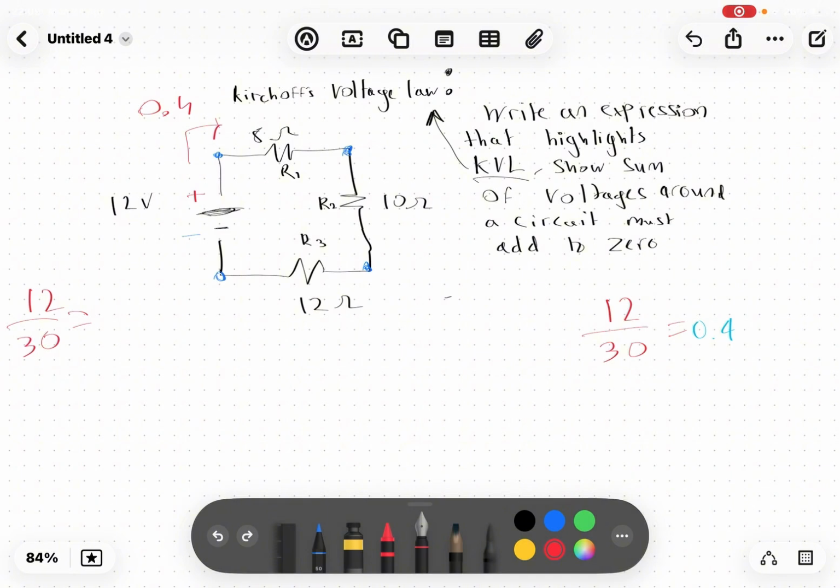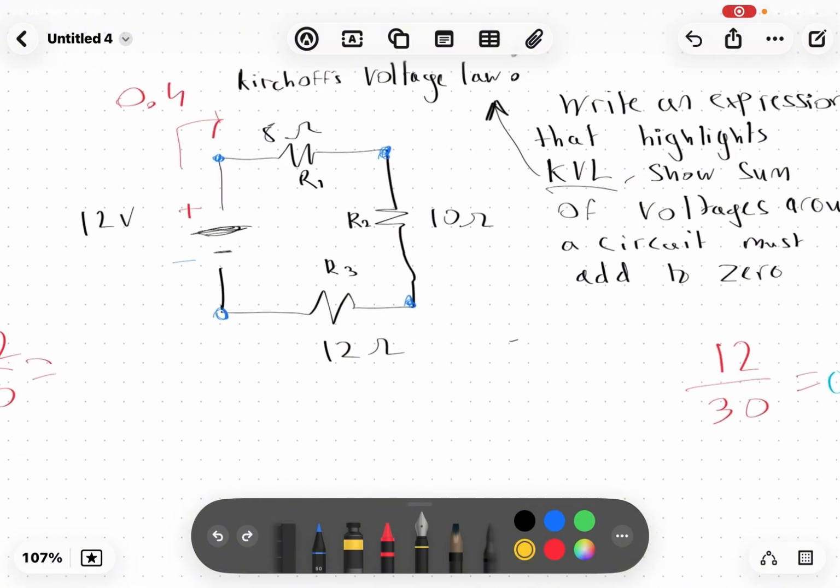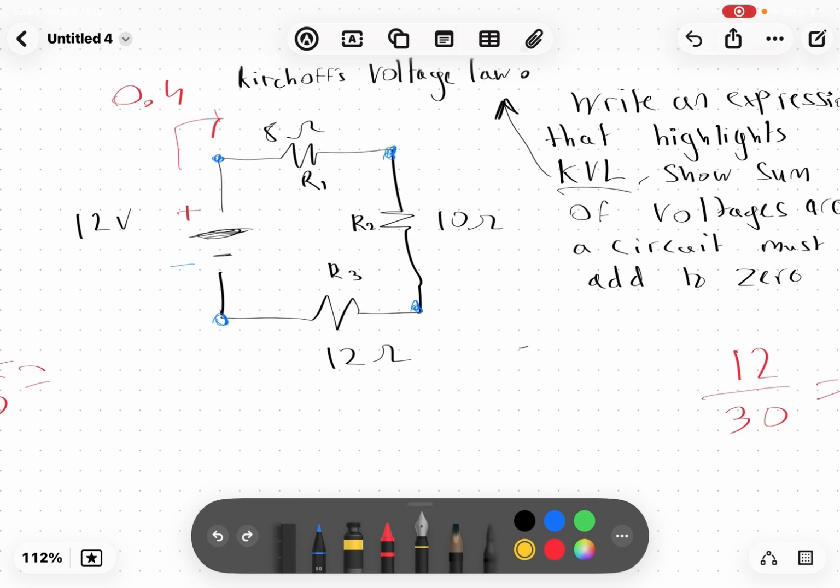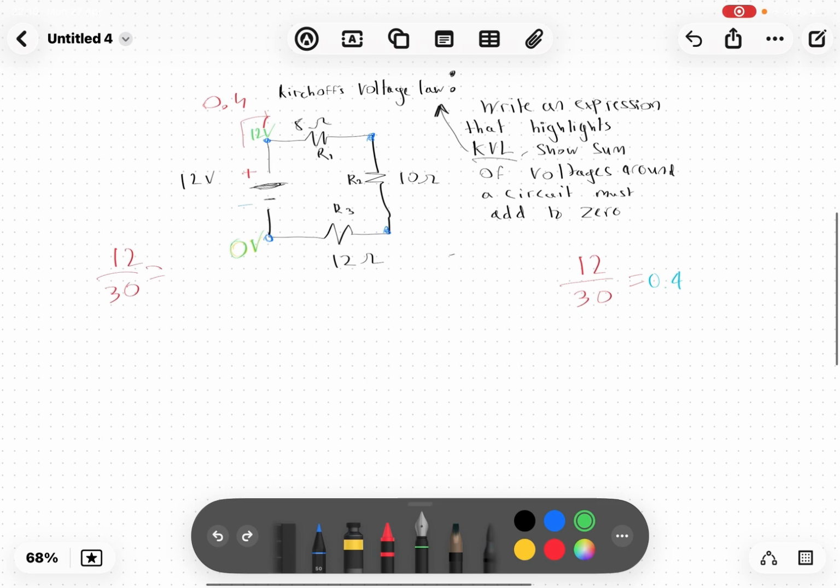Let's calculate the voltage for this area. Because this is positive and this is negative, we know the positive is bigger than the negative. So over here, 0 volts, and over here it should be 12 because that's the start. Now we should calculate the voltage over here. Remember Ohm's law, V equals IR.